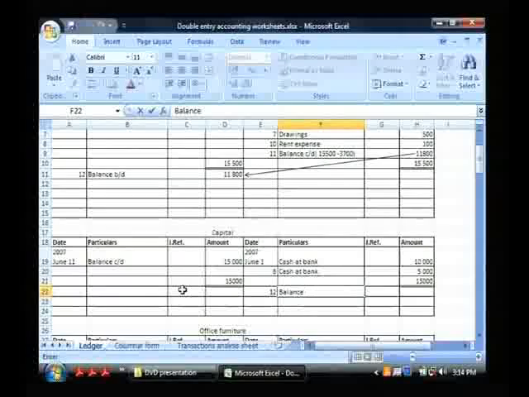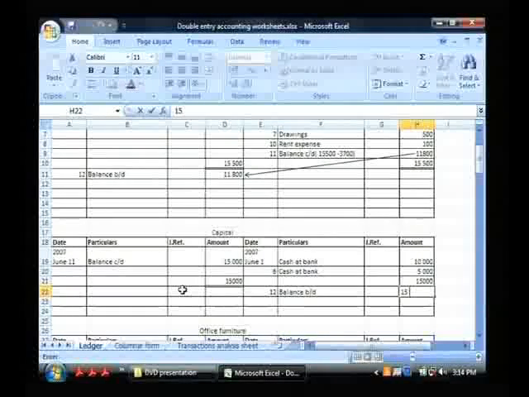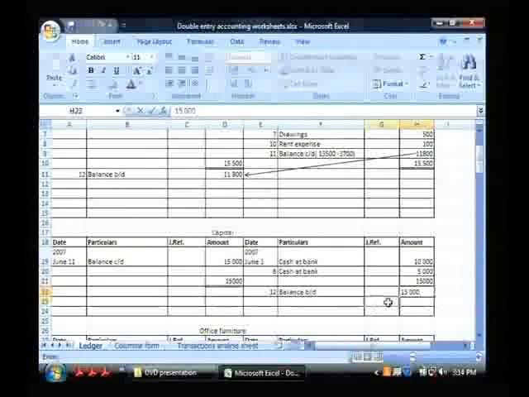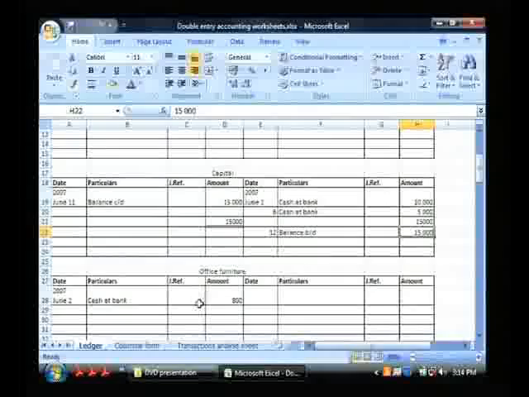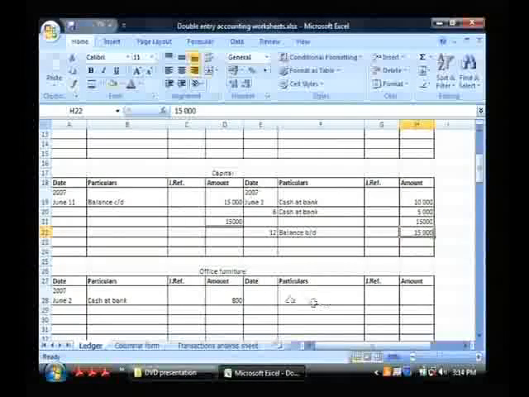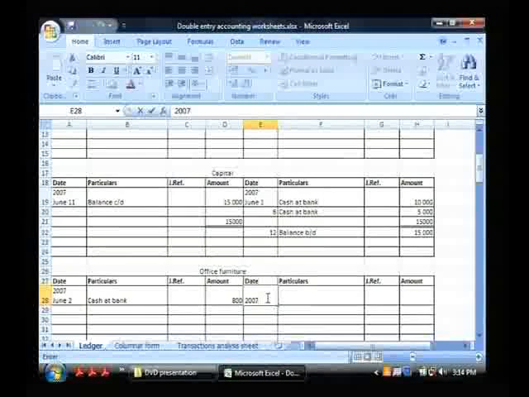Balance brought down is 15,000. Office furniture accounts, same, no transactions recorded in the credit side, therefore same procedure.